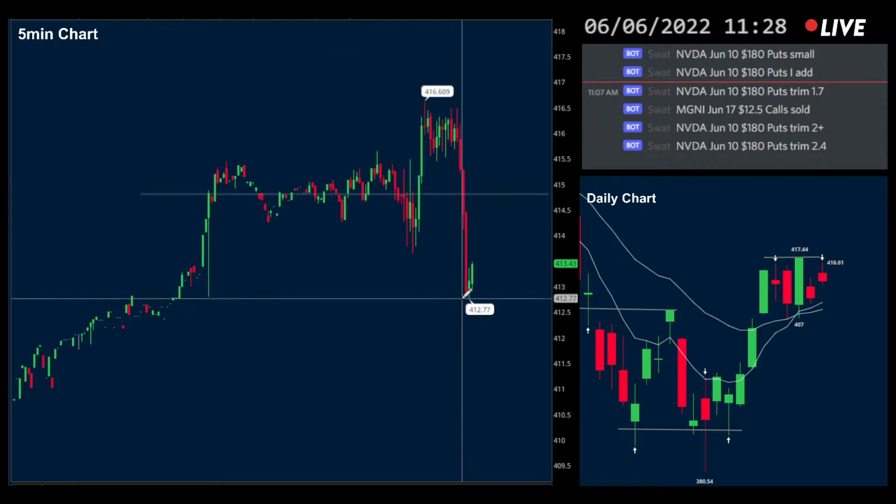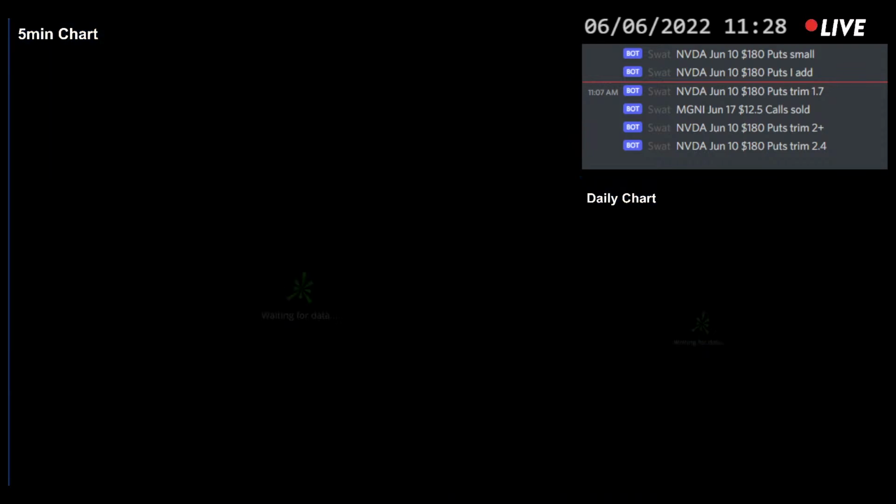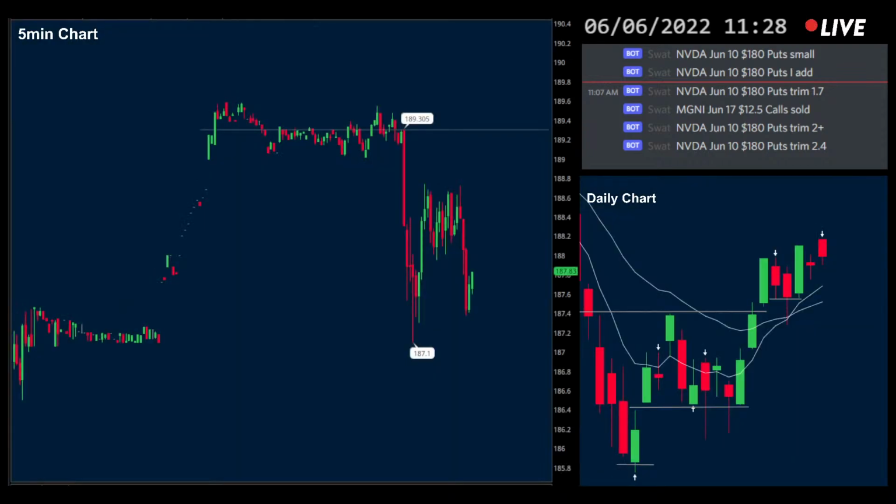$412 is the level on SPY. That's a big level. So far they're holding. IWM so far trying a higher low.